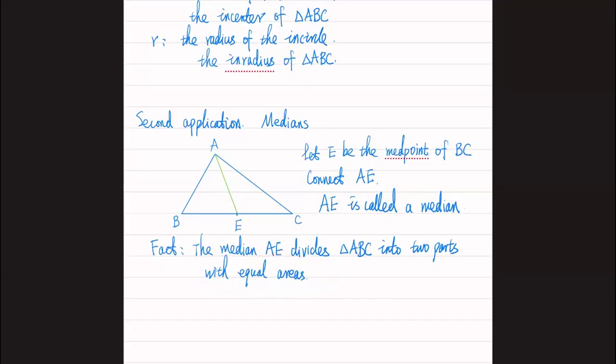Wait, can you call those equal areas mass? Well, that also works. If we imagine this is a metal plate with uniform density, then you can replace area by mass.